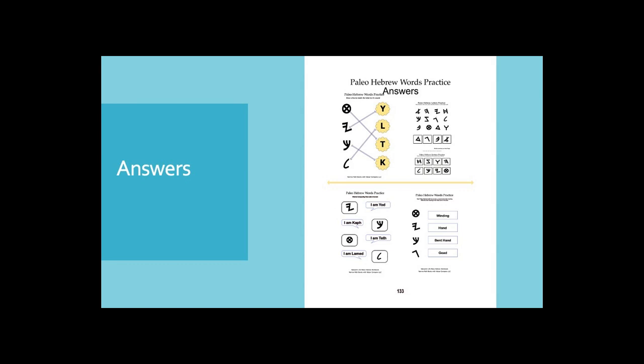So that would be Aleph, Bet, Gimel, Dalet, Hey, Vav, Zayin, the Z, Zayin, and Het. And then our new letters, Tet, Yod, Kaf, and Lamed. So that's the answers there.